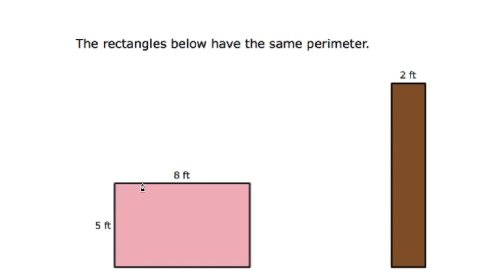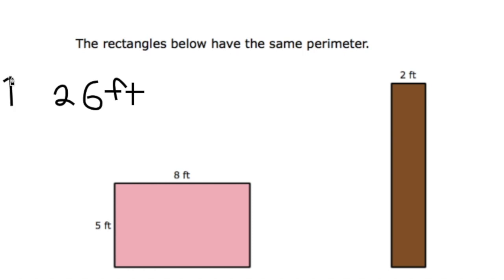So to find out what the perimeter of this pink rectangle is, let's add up the sides. 8 plus 8 is 16, plus 5 is 21, plus another 5 is 26. So we know that the perimeter is 26 for our lovely little pink rectangle.